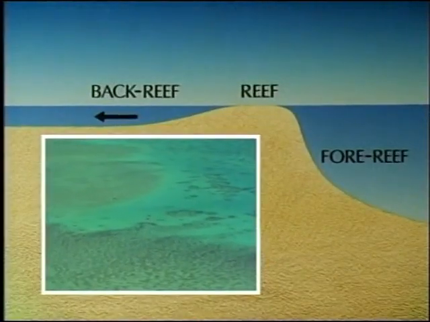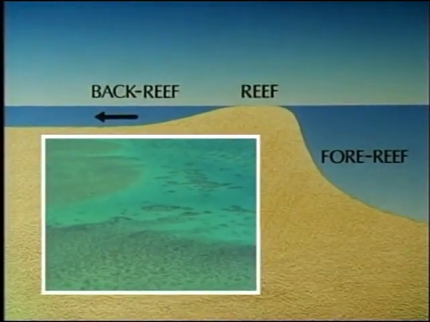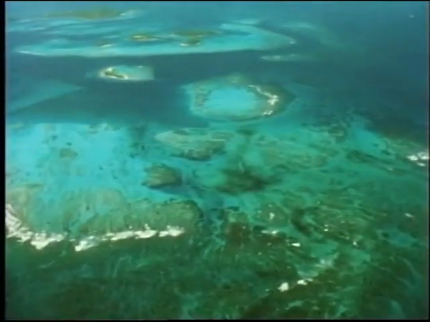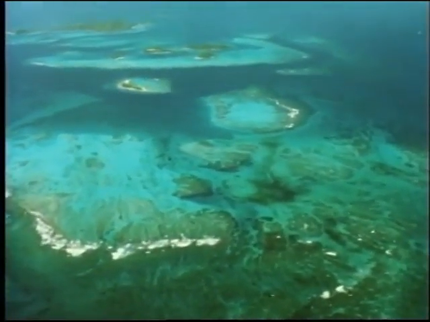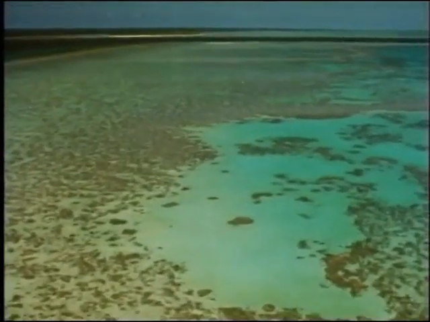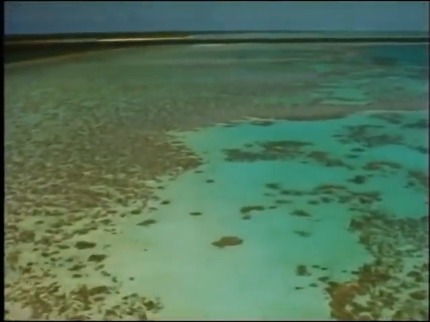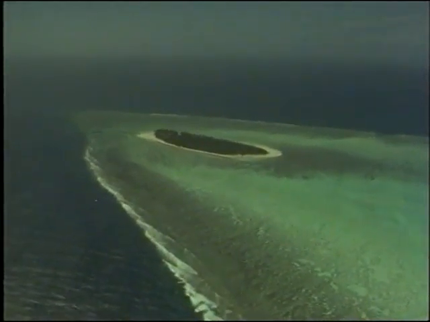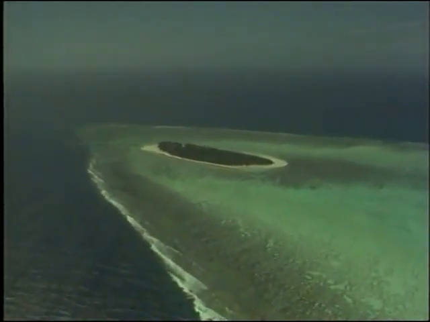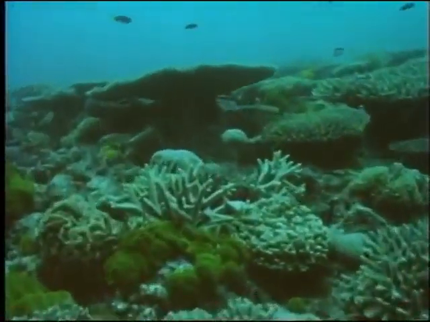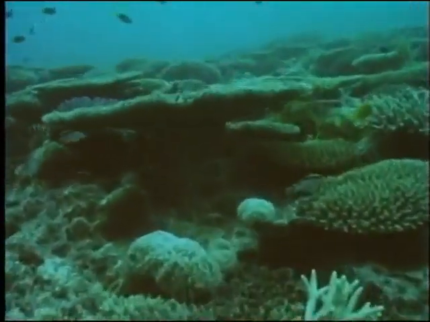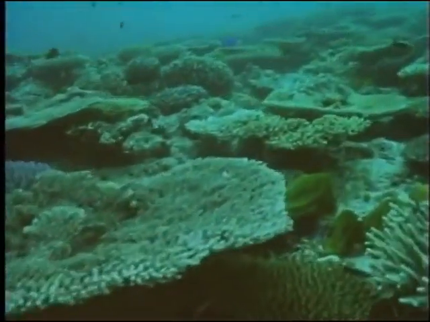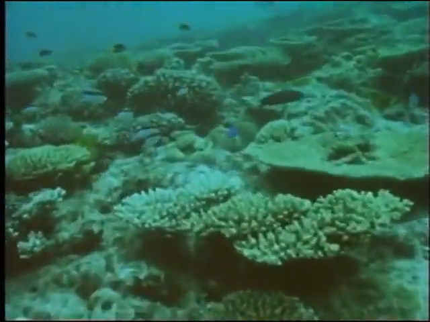Behind the reef, there's a back reef zone of lagoons in which water depths rarely exceed a few tens of meters. On the reef itself, corals and many other associated organisms thrive in the clear, warm water that surges over them from the open sea.